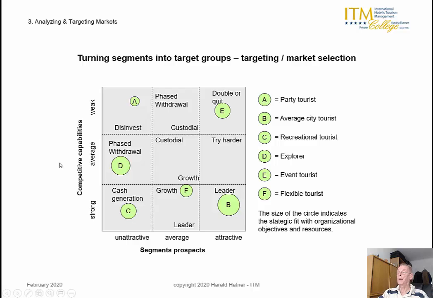Every effort should be made to maximize profits. Investments in expansion may not be appropriate. Proceed with care, custodial. This is this area here. Some investments may be justified, but major investments should be made in this field with extreme caution.